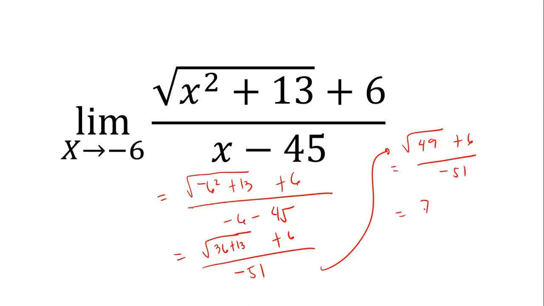The square root of 49 is 7, plus 6, over negative 51. And then we have 13 over negative 51, or negative 13 over 51, is the correct answer.